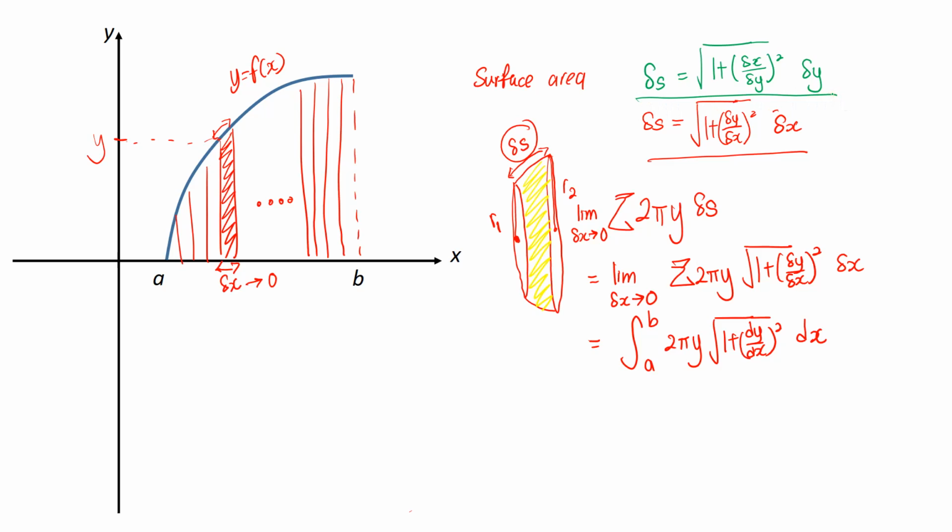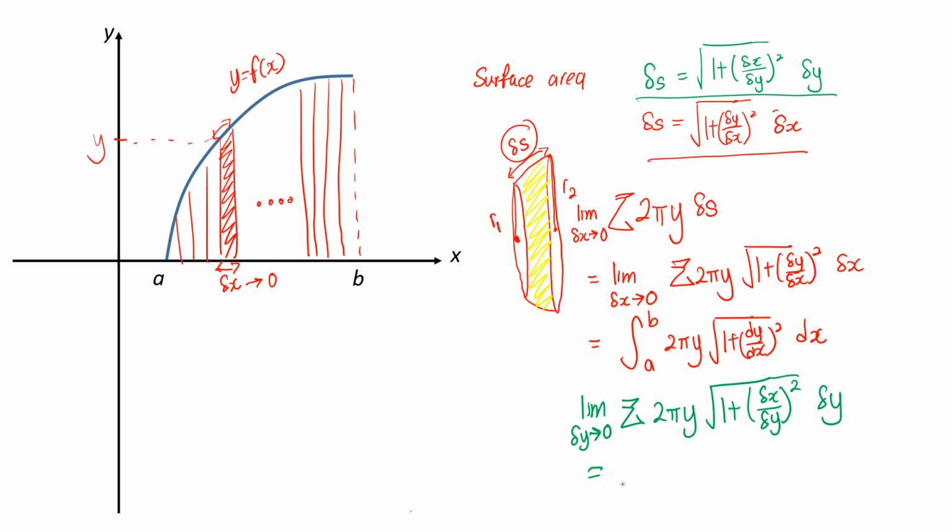This means I could also write down the surface area generated when I rotate this curve about the x-axis using another formula. That is, the limit as small change in y tends to 0 of the sum of 2 pi y small change in s, but this time I'm going to use this formula, square root of 1 plus (small change in x over small change in y) squared, times small change in y.